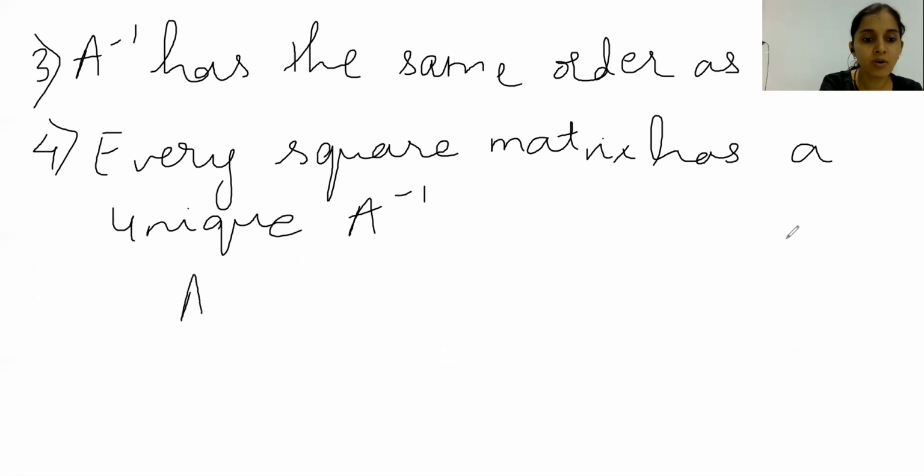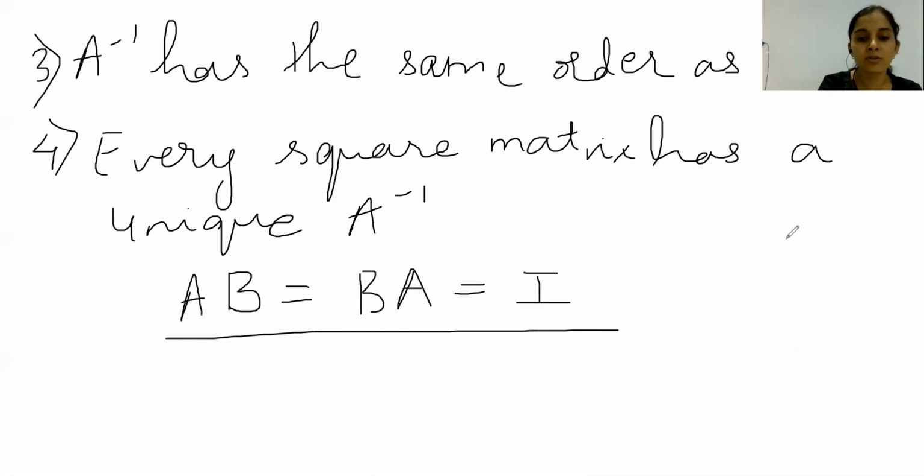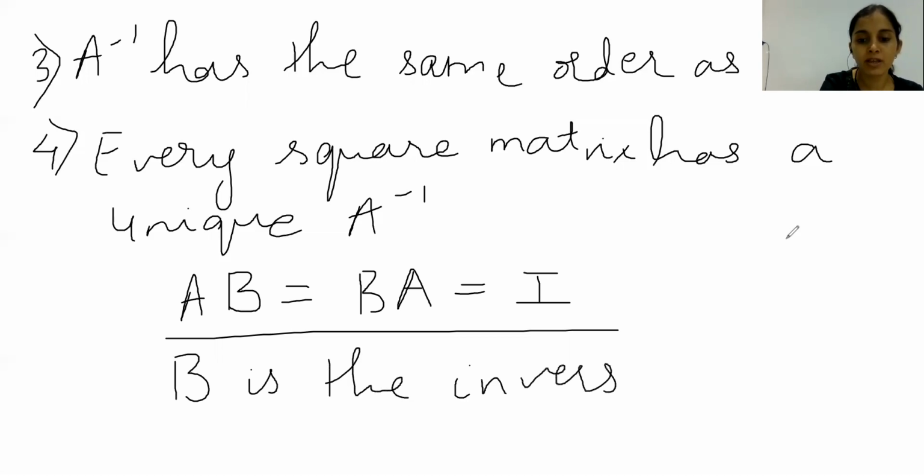Now, normally we write inverse as AB equal to BA equal to I. If you're multiplying two matrices and you're getting the answer as I, then B is the inverse of A. So if I have AB equal to I or BA equal to I, then B here is called the inverse of A, and so we write it as B is equal to A inverse.